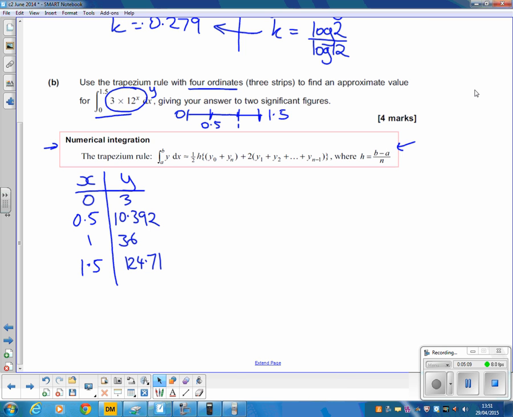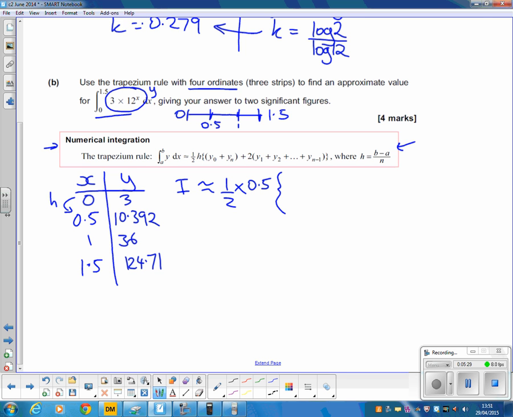Once you've done that, we're going to use the trapezium rule. So the trapezium rule says the integral is approximately a half times h. Now h is your step size, so that's 0.5, it's a half, times y0 plus yn.